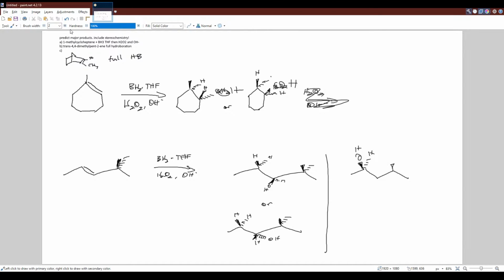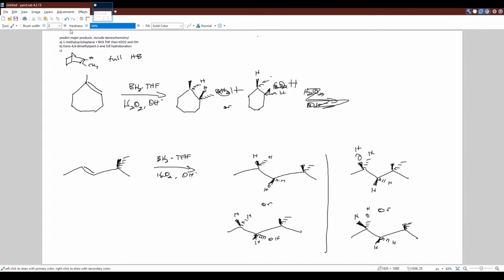These are the hydrogens. And then we could get where the oxygen is back and the hydrogen is forward. Oh, that's not an H. Okay. Yeah, I guess that's what we're getting.